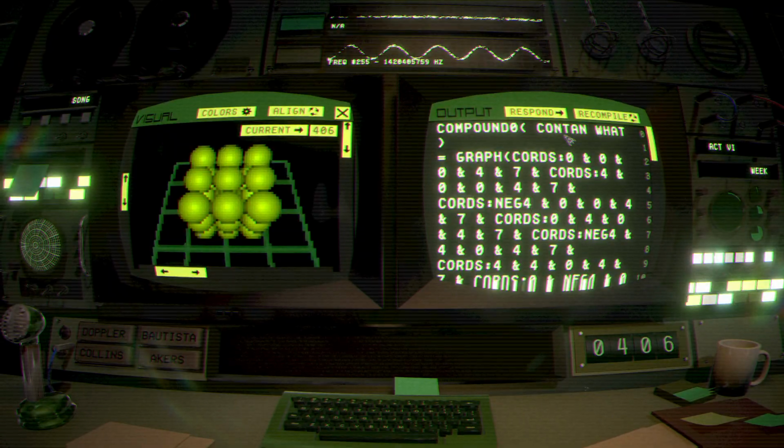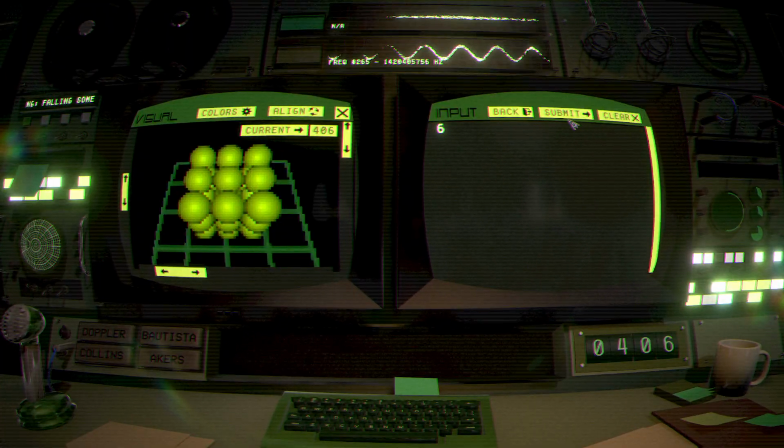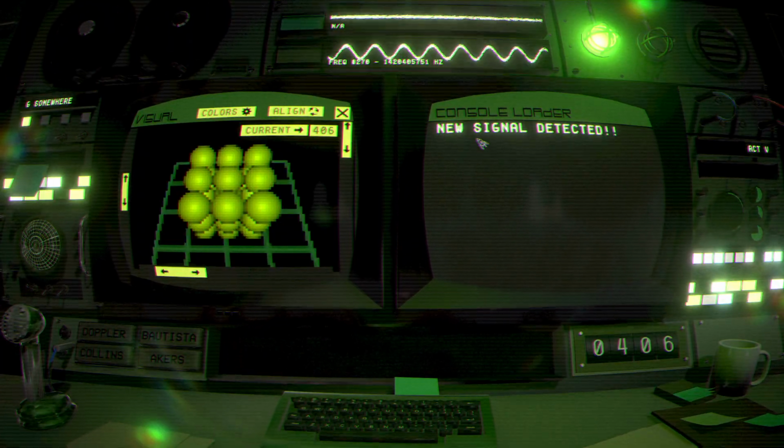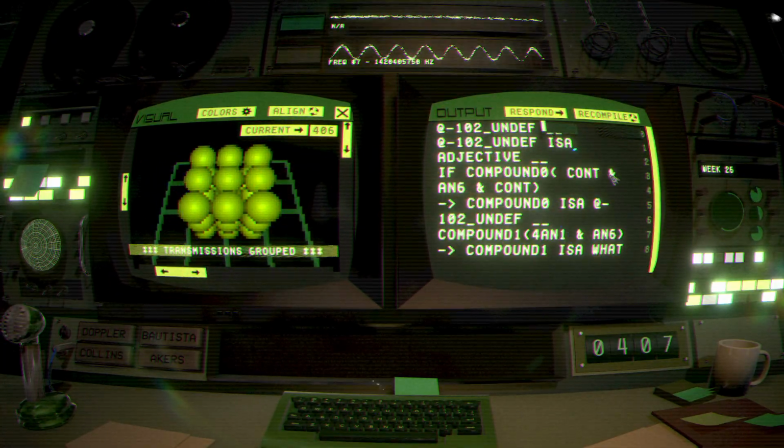Oh, continuous atomic number what? 6. Okay. I was like, what the heck is contan?